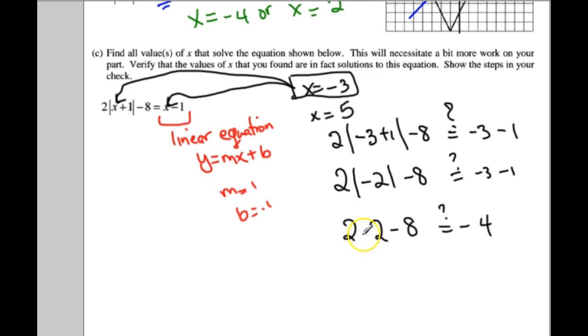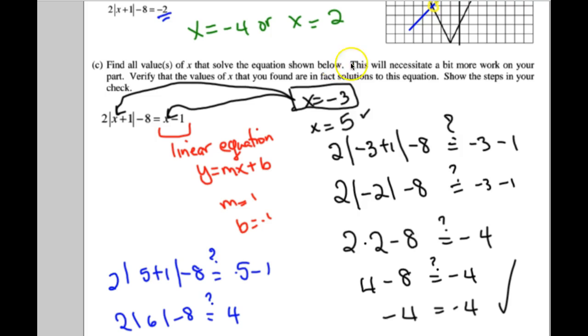We multiply first. 2 times 2 is 4. 4 minus 8, is it really -4? 4 minus 8 is actually -4, and -4 equals -4. Check. So in this case you see that it works.